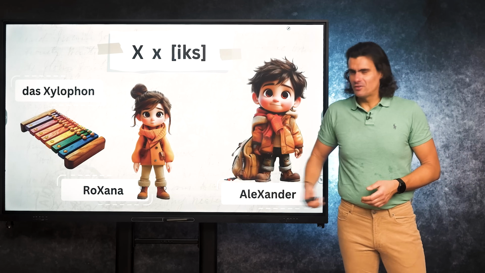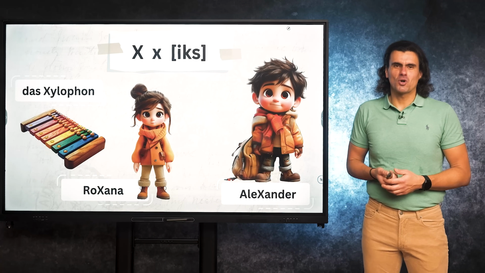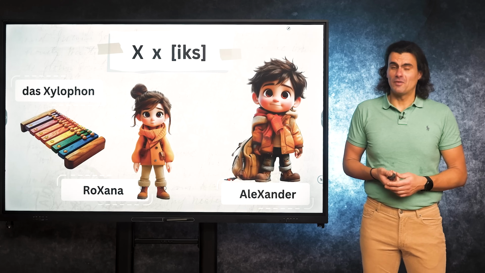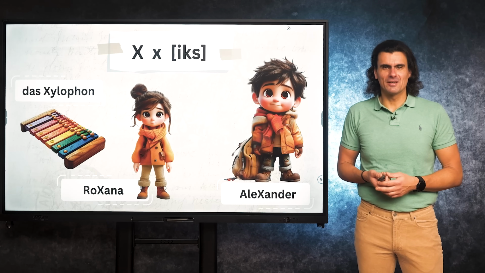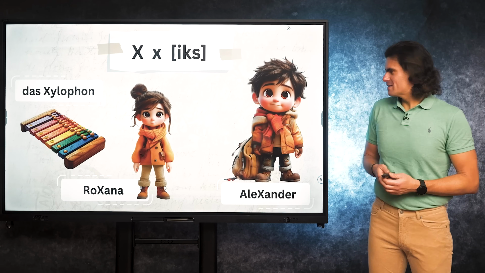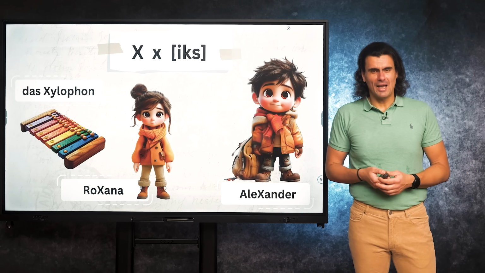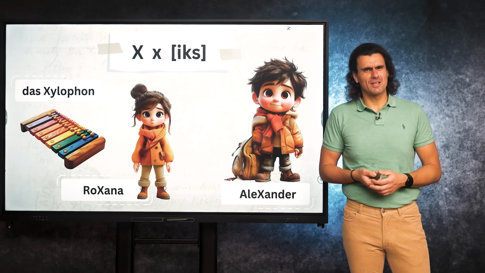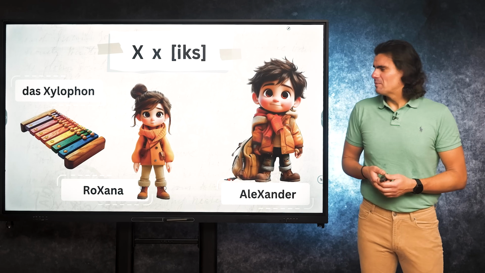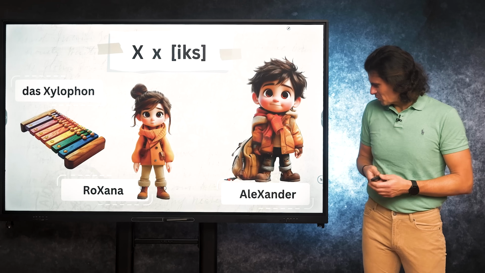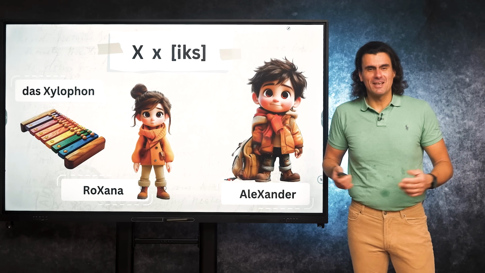Or this pretty lady's name is Roxana, which is very, very popular in some Eastern European countries, and yours truly, Alexander. I think I did not even introduce myself in the beginning of the lesson, but this is also not so important. But anyway, my name is Alexander.